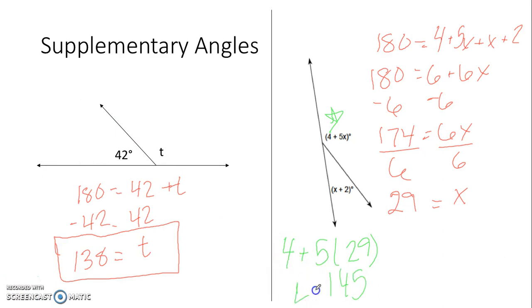We keep that. 4 plus 145 is equal to 149. So we know that this one right here is equal to 149. Now we have x plus 2, so we have 29 plus 2 is equal to 31. So this one right here is 31. Okay, so you see we are starting to use expressions and equations in geometry as well.